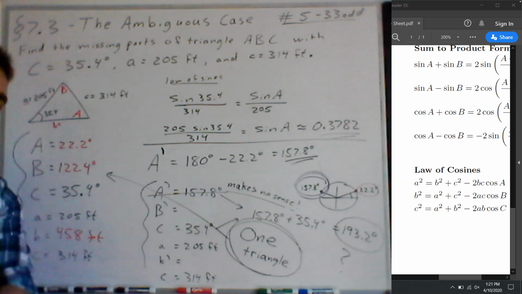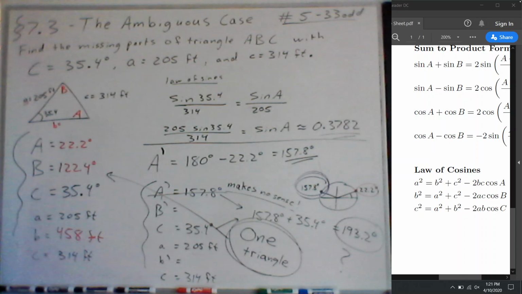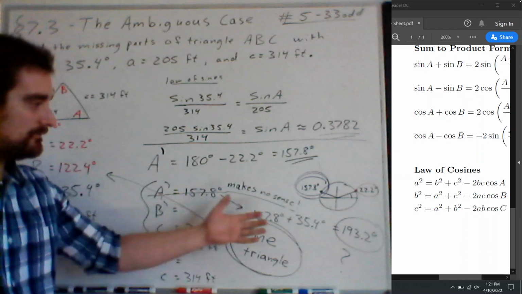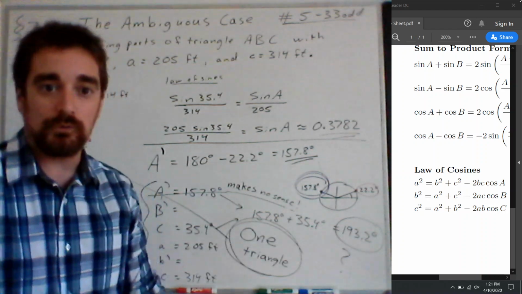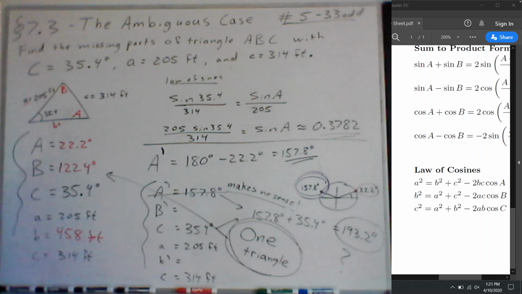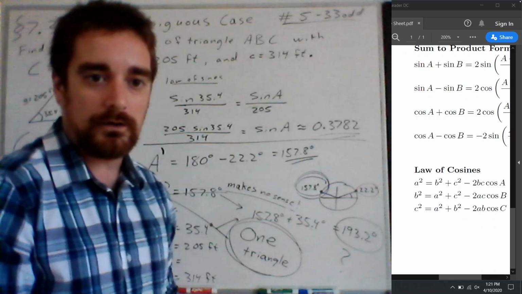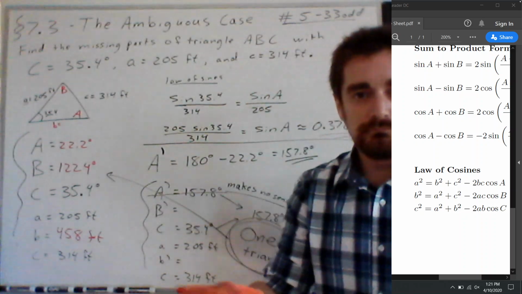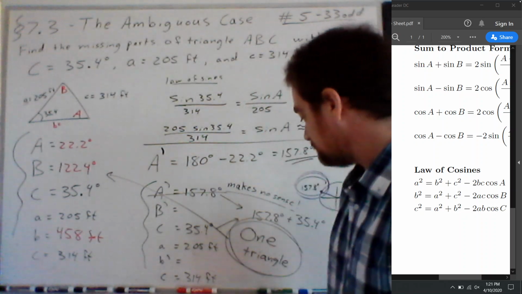So we don't even care about the other case. It can't happen. We've already surpassed the amount of degrees we're allowed to have in a triangle. So the answer is just, it has to be this triangle, which is nice because now we know exactly what the triangle is, right? There's no second case that it could possibly be.